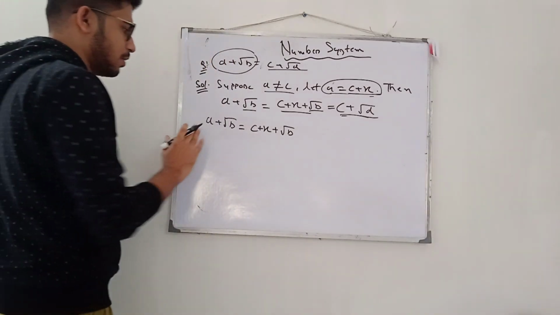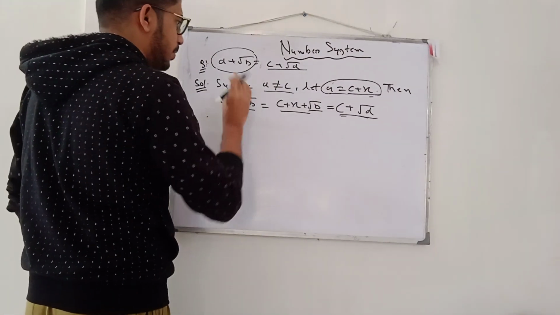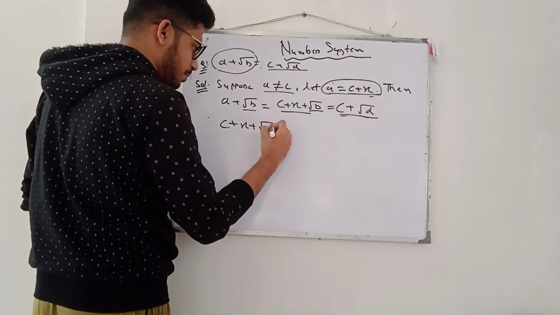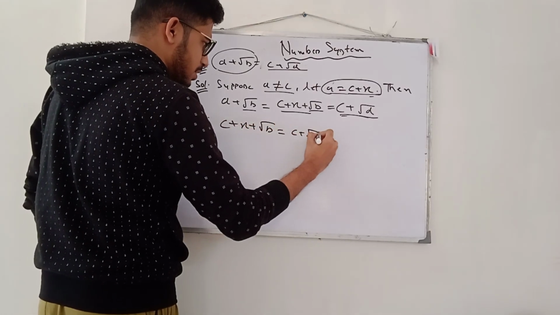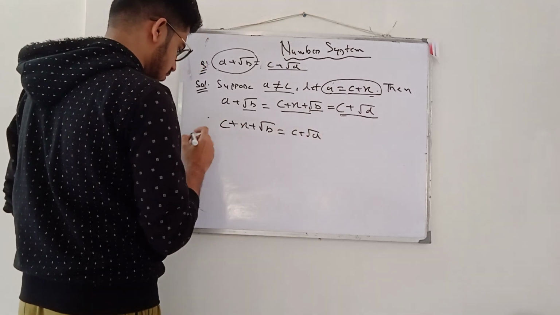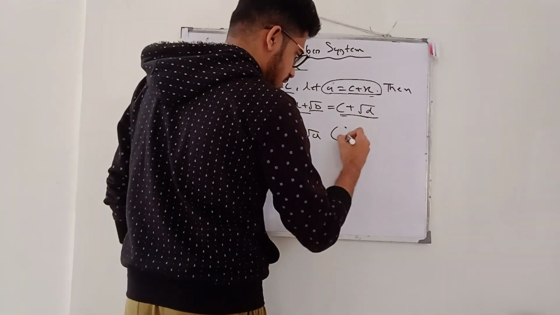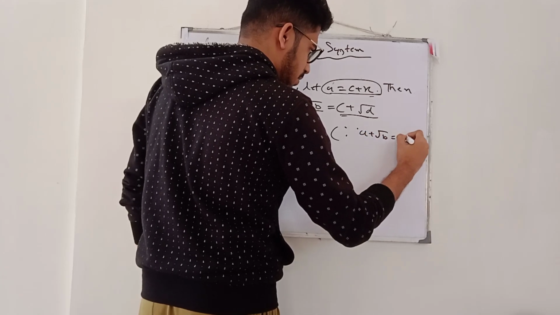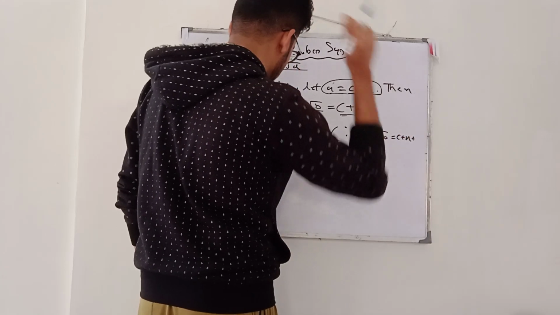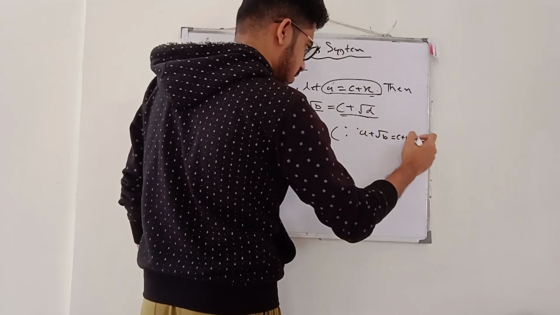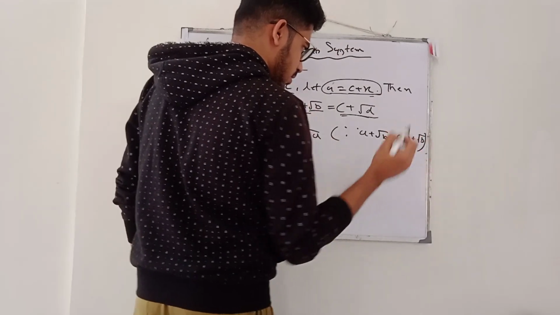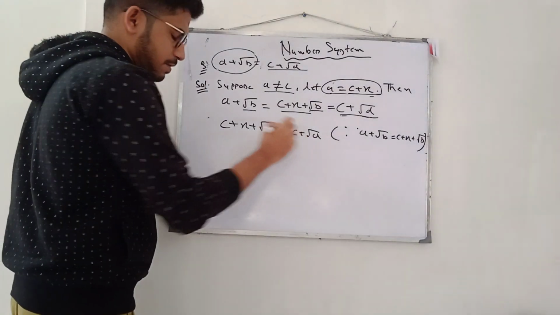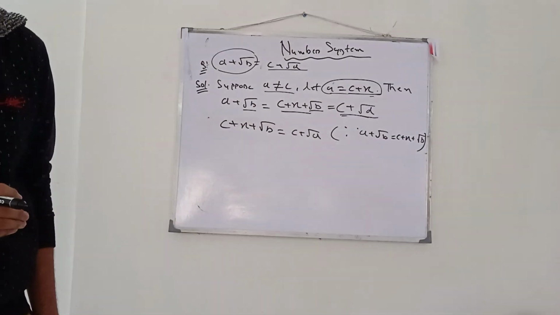Now a plus root b is equal to c plus x plus root b is equal to c plus root d, which is okay.